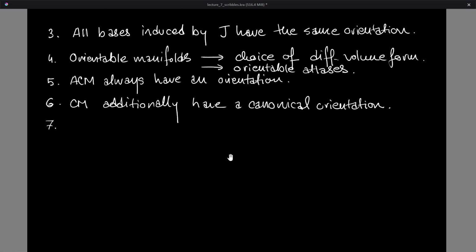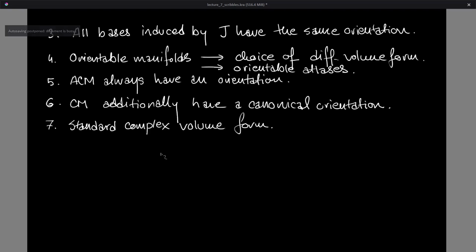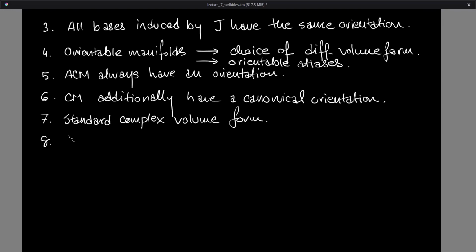Then we defined the standard complex volume form, which is not the color form. And then eight, we defined integration finally, because we now had enough tools to define integration of differential forms on a manifold.